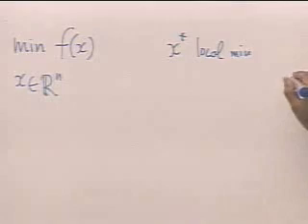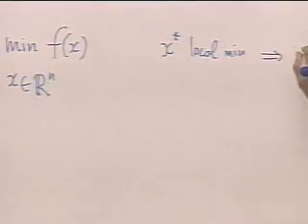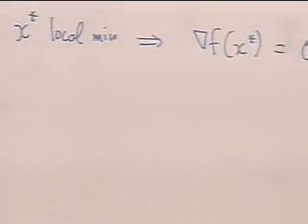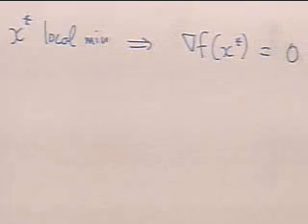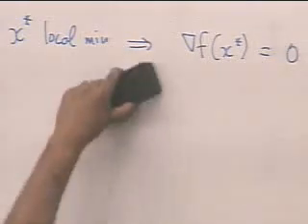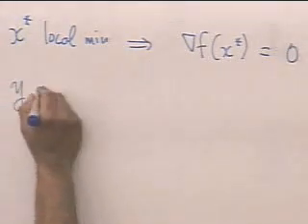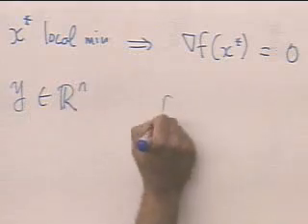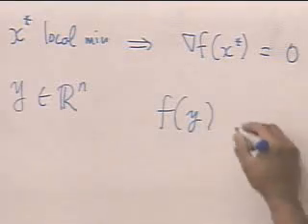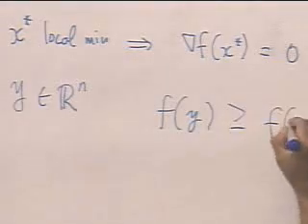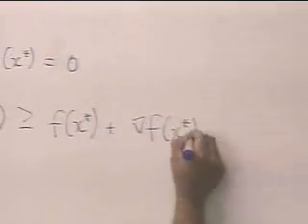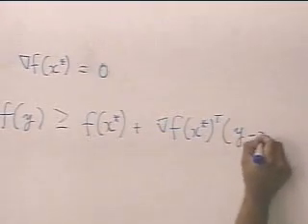Since this is an unconstrained problem, I know that this implies that the gradient at the point x star is equal to the 0 vector. Otherwise, it cannot be a local minimum. So if you look at the function, now let's take y to be any point. So y is any point in R n, and then we look at the function value at y. By that result over there, we know that this is greater than or equal to the function value at point x star plus the gradient at the point x star transpose times y minus x star.